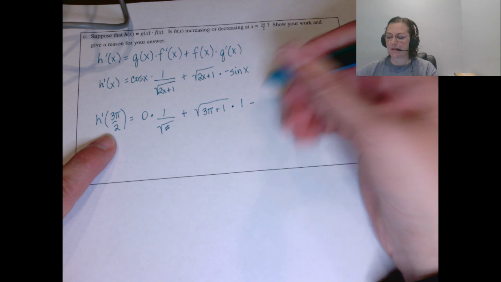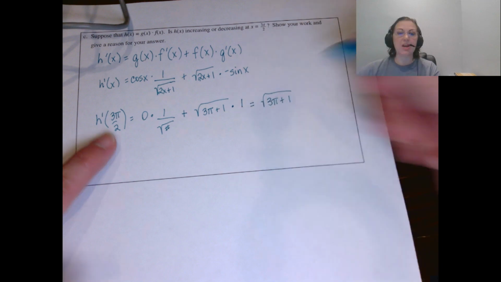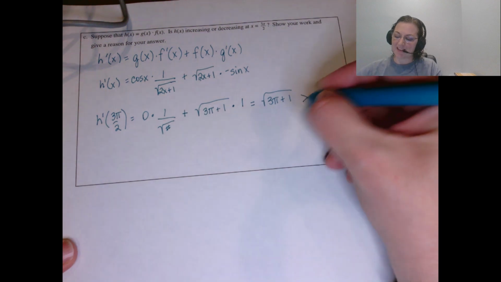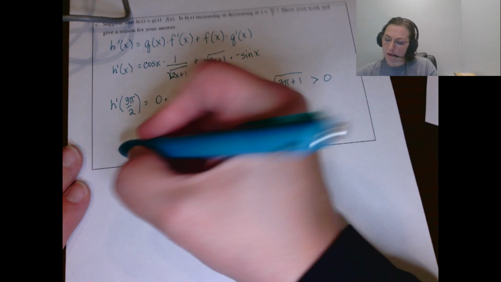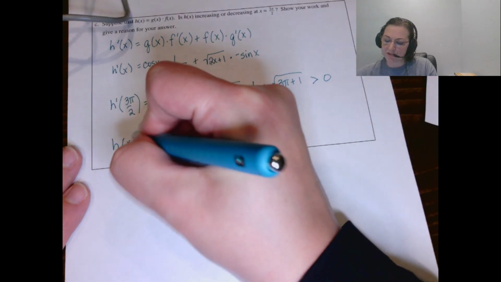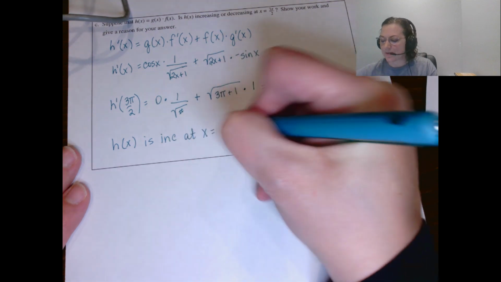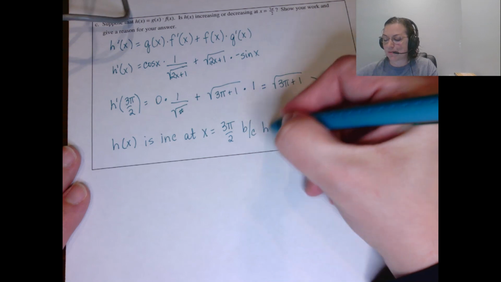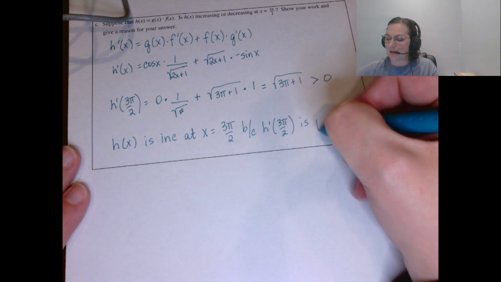So here's the deal. It looks like I'm going to get 1 over the square root of 3 pi plus 1. Don't bother trying to figure out what value that is. It doesn't matter. All that matters is that it is positive. Because that is positive, we know h of x is increasing at x equals 3 pi over 2 because h prime of 3 pi over 2 is positive.